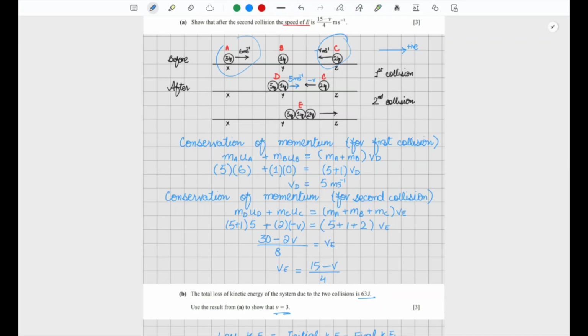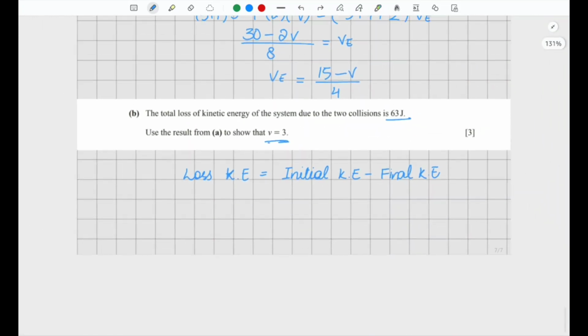So half mv square for both, so half 5 times 6 square and half 2 times v square.